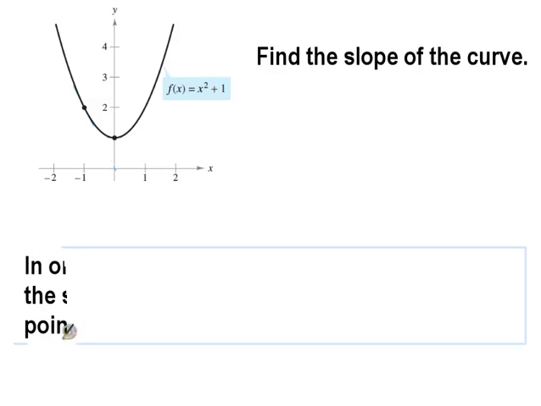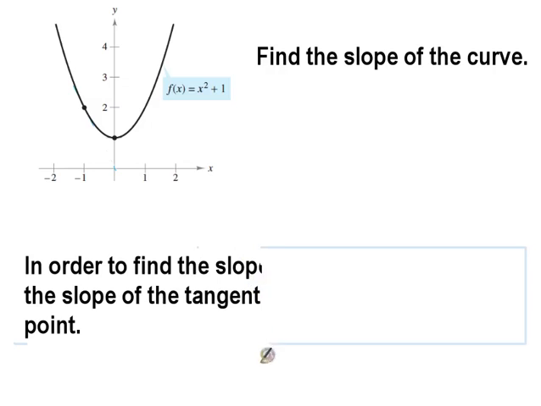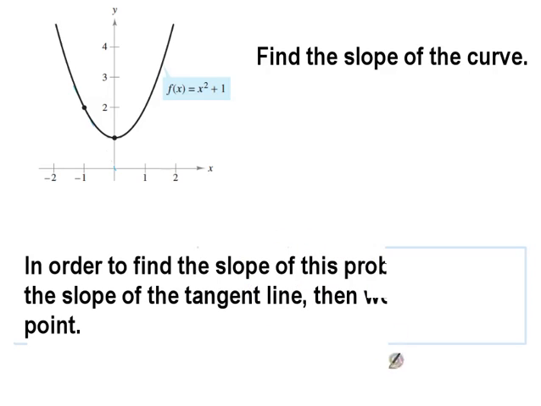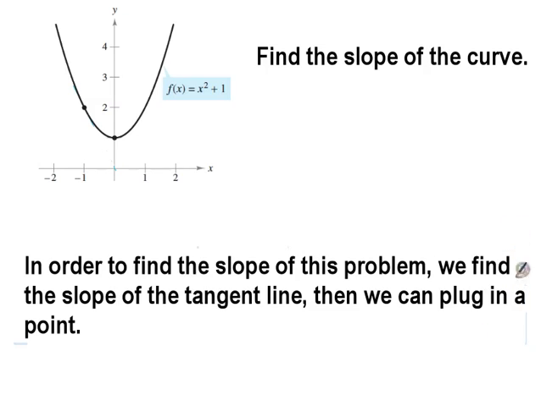I have something down here that we're going to read. In order to find the slope of this problem, we find the slope of the tangent line. Then we can plug in a given point and find the slope of that graph at any specific point.